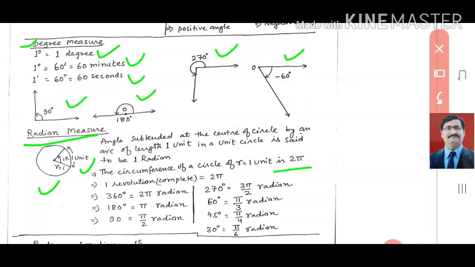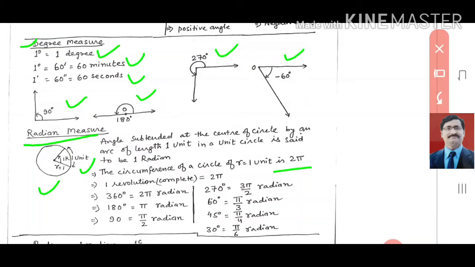If we have a circle of radius 1 centimeter and we check the length of the circumference, the circumference will be 2 pi, which means the angle will also be 2 pi, because here L equals r theta.